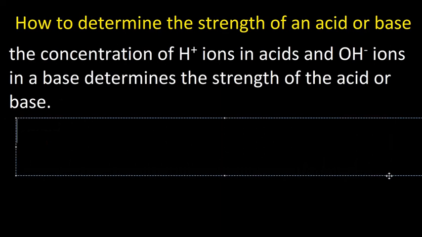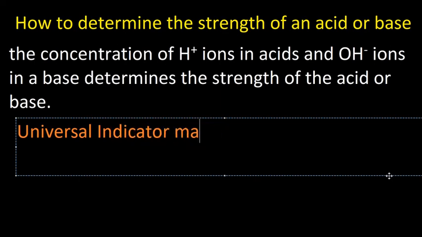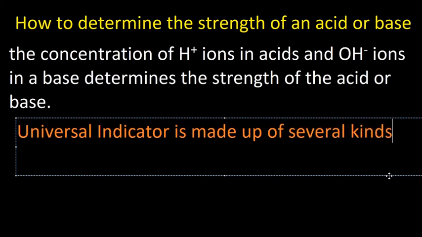Now, a universal indicator is a substance which is made up of several kinds of indicators. Right?